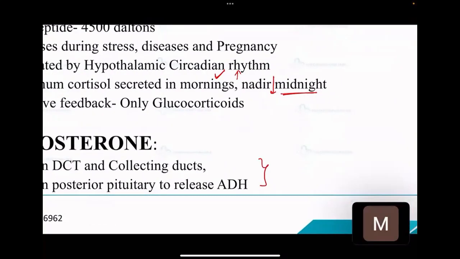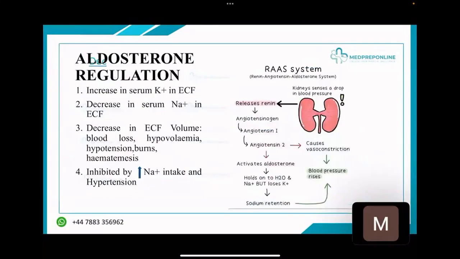So that will further increase the total circulating volume. Correct. Perfect. Whenever sodium is increased, along with it, it pulls water. So that's absolutely right. That's going to increase the intravascular volume, correct? So this is the main action of aldosterone.